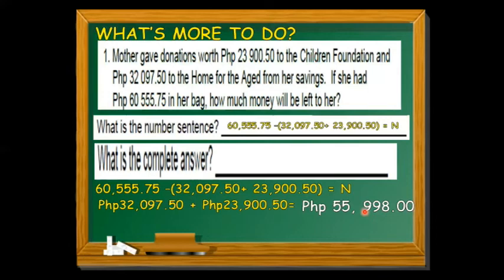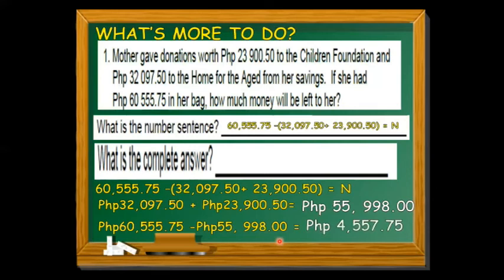So it's gonna be 60,555 and 75 cents minus the total number of donations, 55,998. So the answer will be 4,557 and 75 cents. So that's gonna be the total money left on her bag. So 4,557 and 75 cents is the total amount left in her bag.